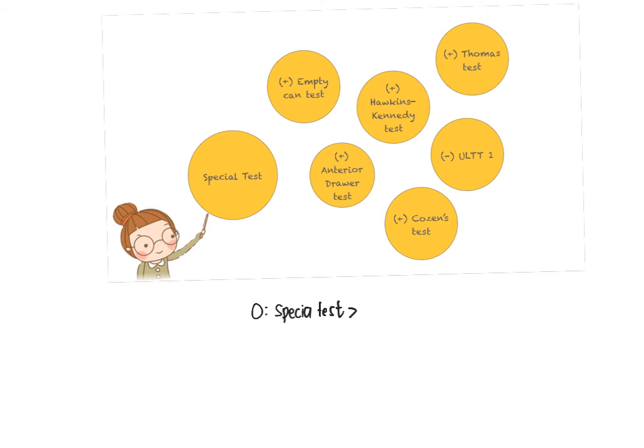For instance, you did the empty can test and you find out that the patient is positive. Then you just write positive and then the name of the special test, the empty can test, and then you write the laterality, on right. So don't forget the laterality when needed.